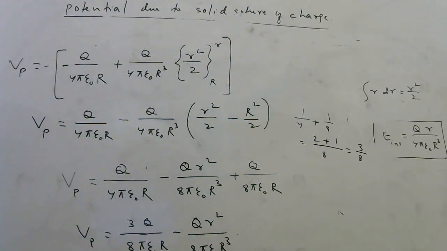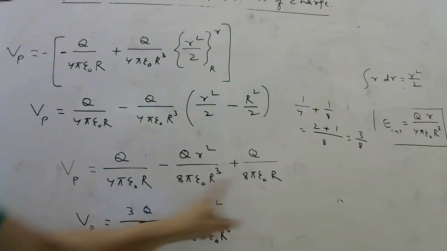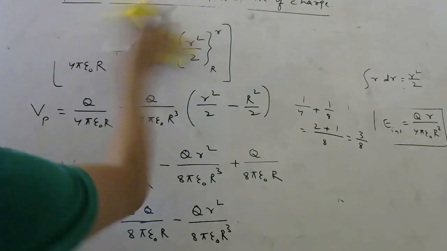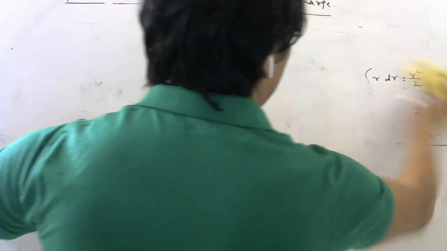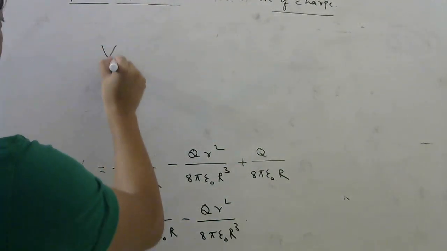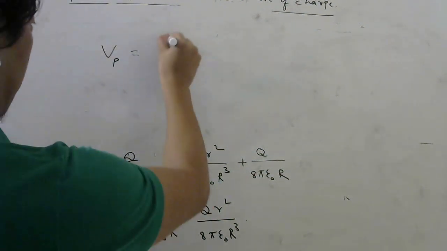So finally, this and this I have added, I got this. Finally, look here, what I will do is take some things common so that the formula looks a little better. So let me take potential at point P, which is inside. Common things are what? Capital Q is common.